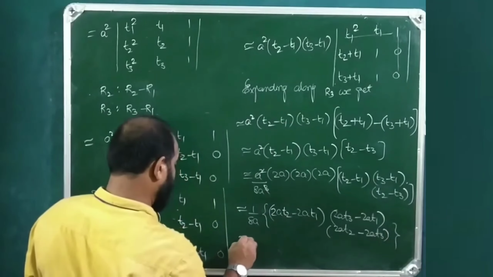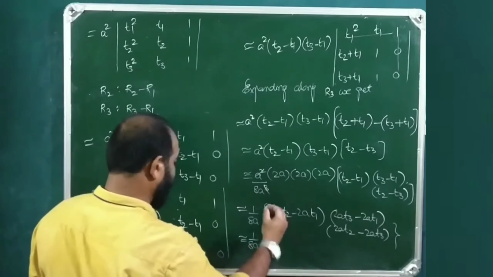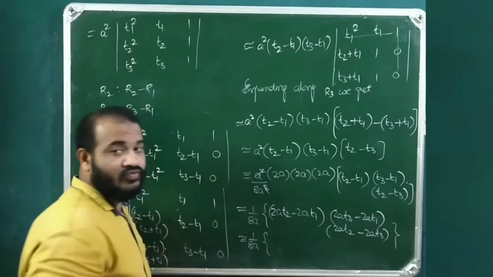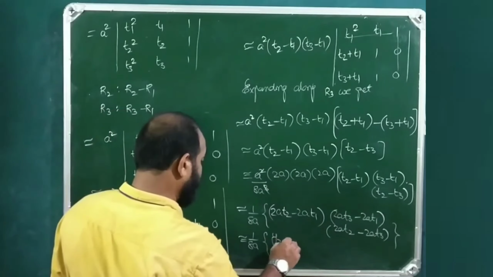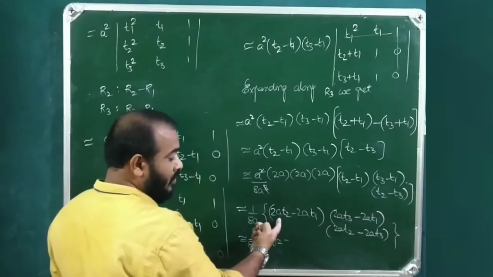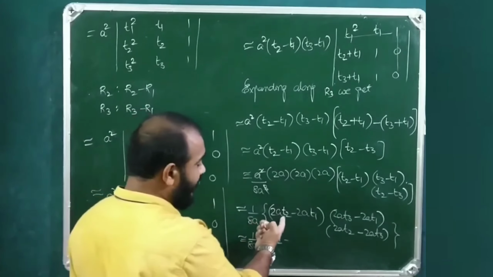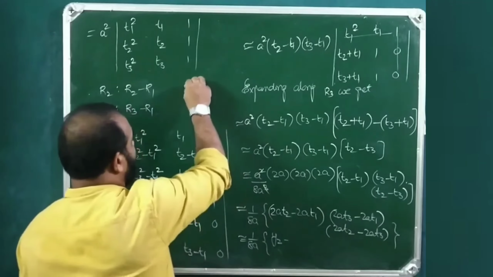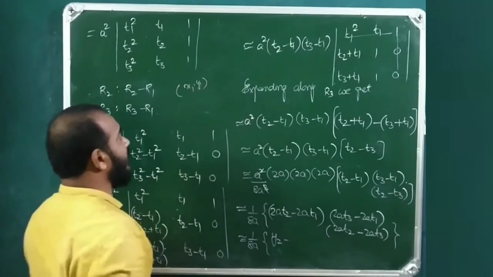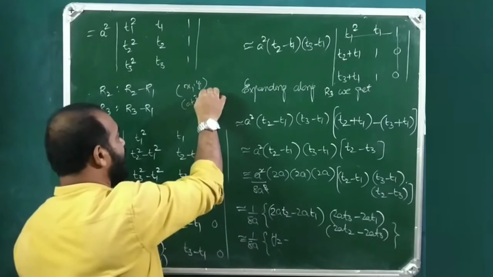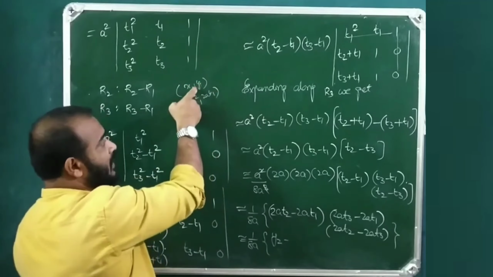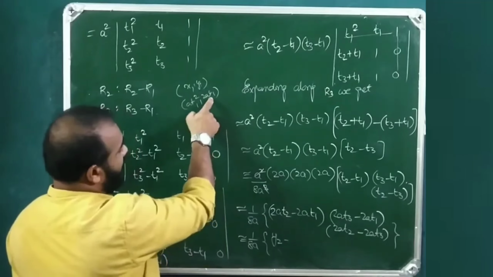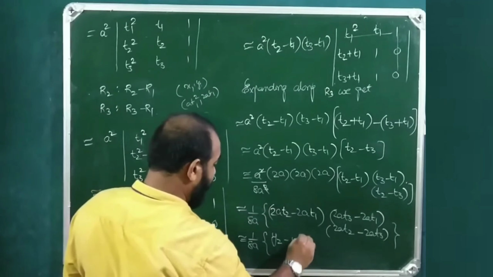This is equal to 1 by 8A into, this 2A T2 is y2. So y2 minus y1. So 2A T2 is the y coordinate. So 2A T2 is the parametric point, so x1, y1 is the Cartesian coordinate, while A T1 square, 2A T1 is the parametric point of the same Cartesian coordinate. So therefore 2A T1 is y1.